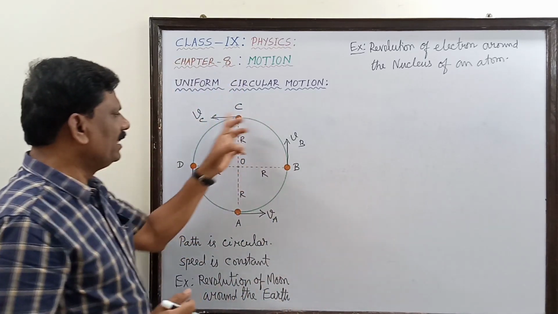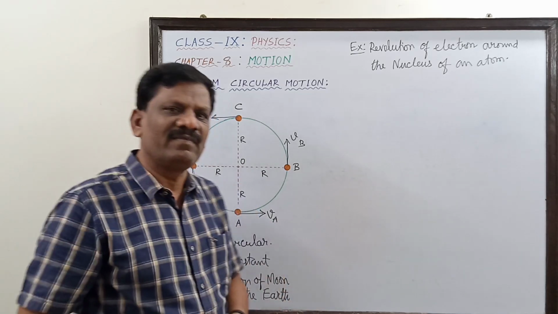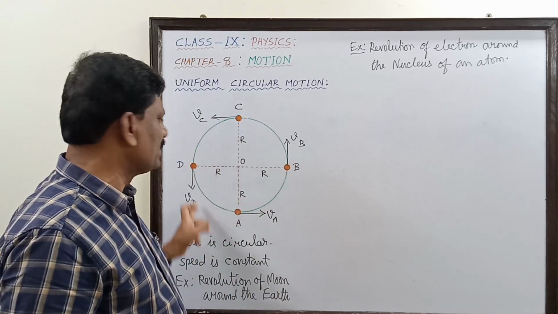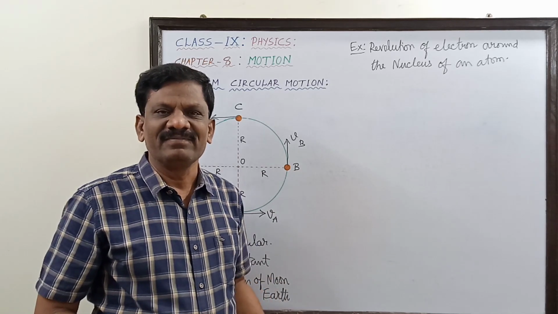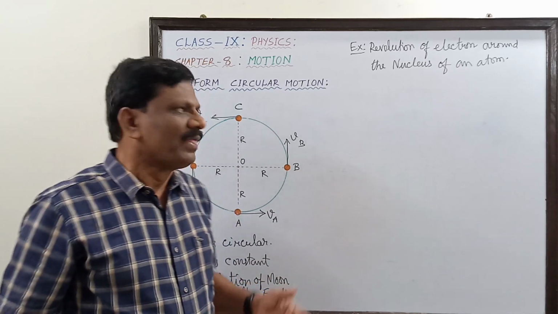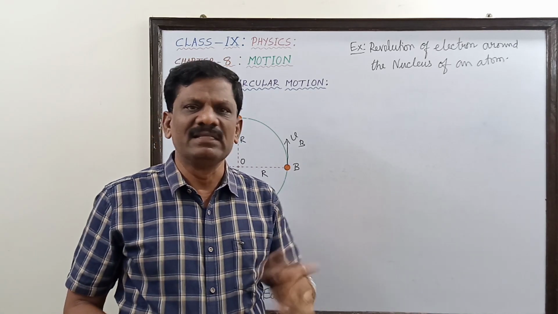So at each and every instant of time, if you find the direction of the velocity by drawing the tangent to the circle at these points, it is found to be different. Understand? So if you say it is having constant velocity, then the answer goes wrong.